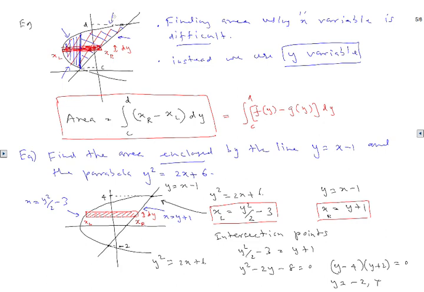That makes it complicated. But if you integrate with respect to y, those two curves stay the same in the y direction. So that's the benefit of switching the integral: with just one integral, you can find the area.